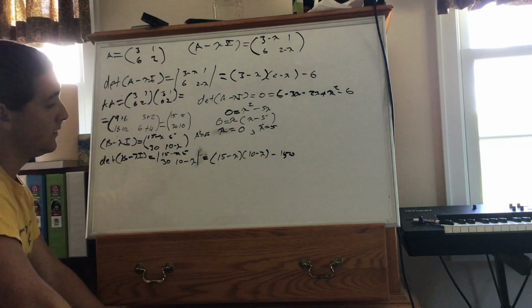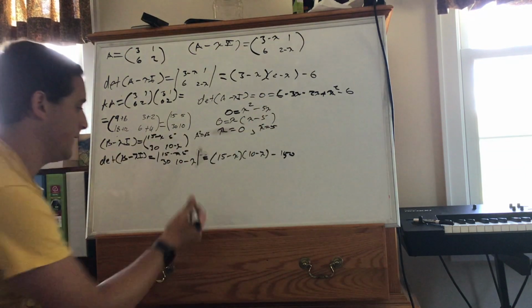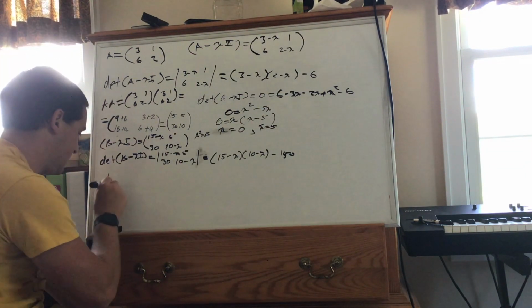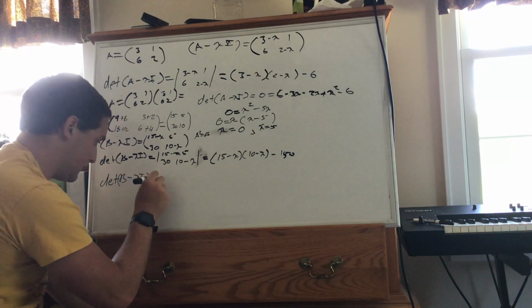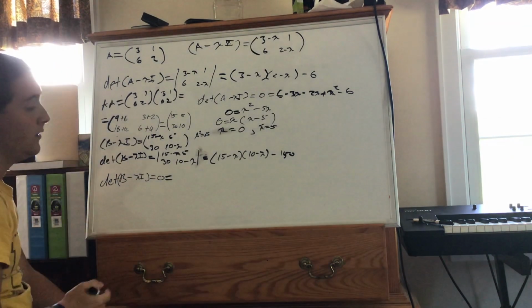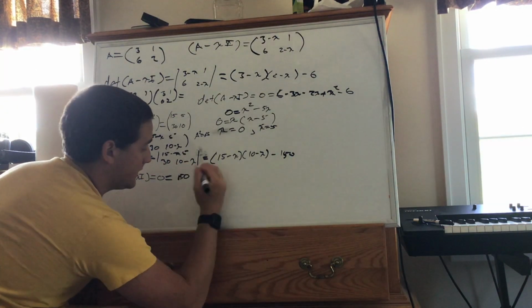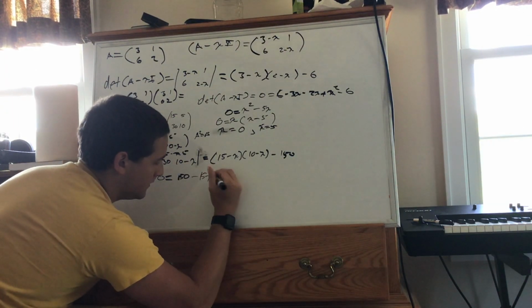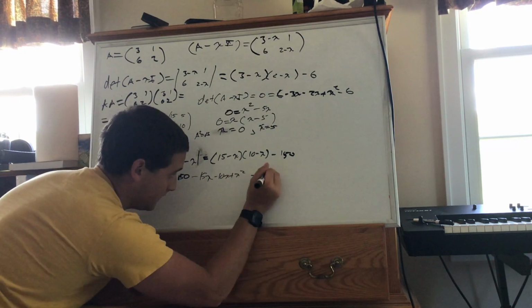That's similar to what we had up here after we FOIL it. So the determinant of B minus lambda I is set equal to 0. We get 150 minus 15 lambda minus 10 lambda plus lambda squared, minus 150.